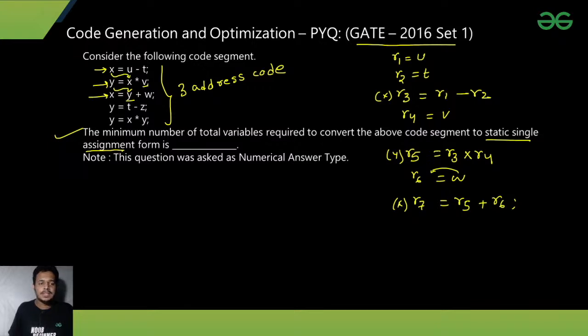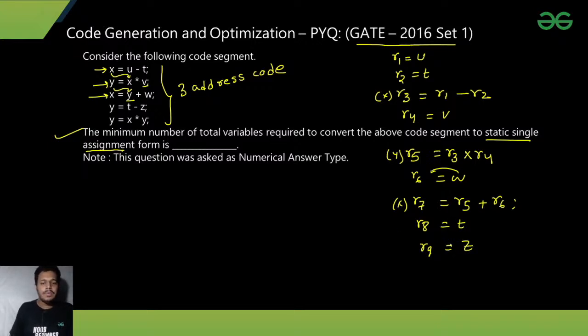Now this Y is taking T and Z. Let's give R8 to T and R9 to Z, because these are new variables.